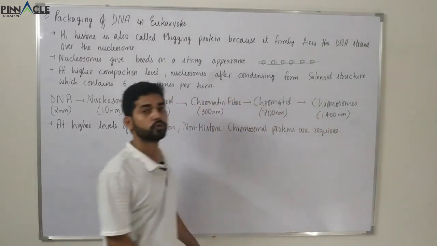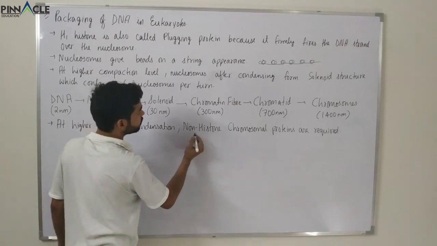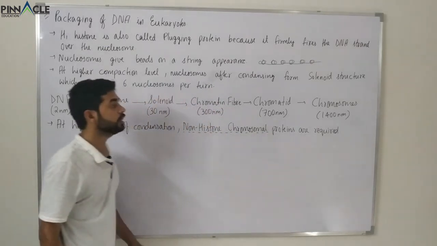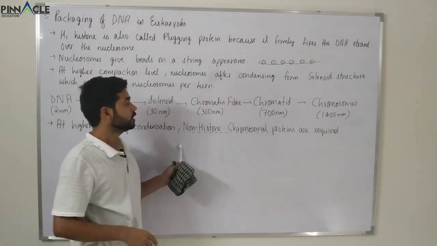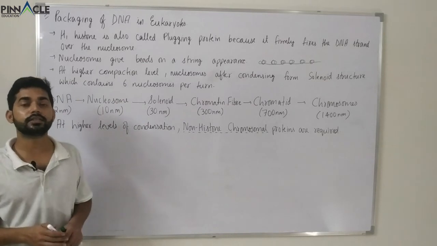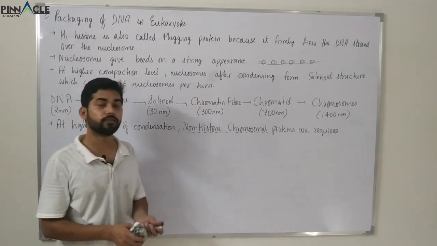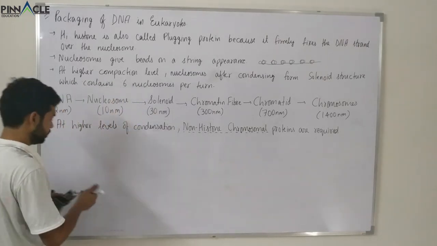Histone proteins cannot cause higher level of condensation. So there are some other proteins which are called non-histone chromosomal proteins. These are the proteins which are causing these higher levels of condensation. Because of this condensation, two types of regions in the chromosome appear, and one is called euchromatin and the other is called heterochromatin.